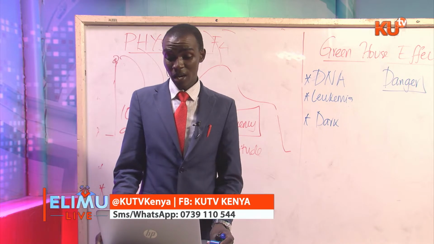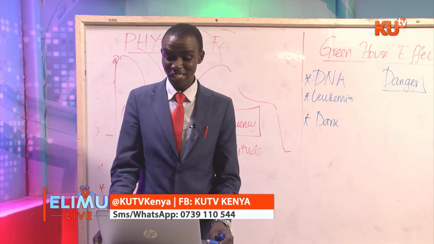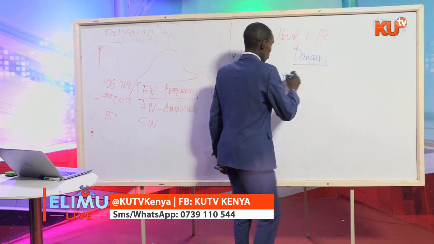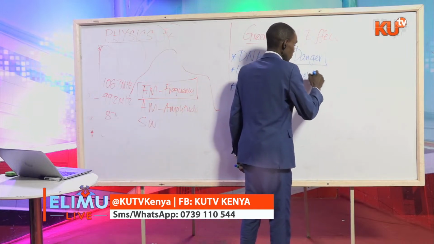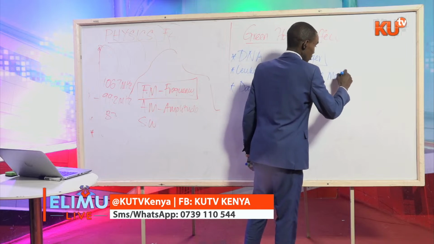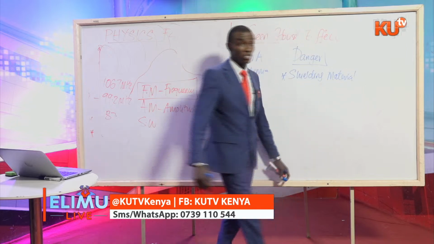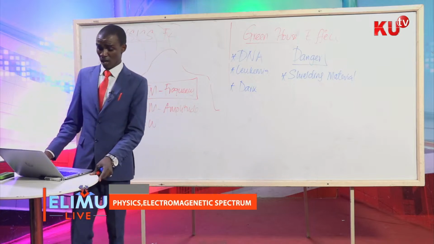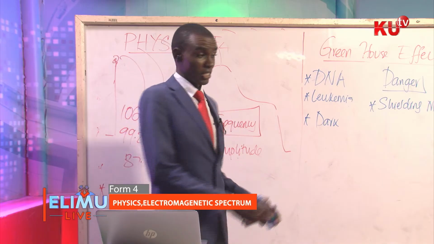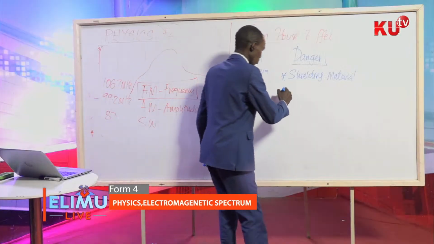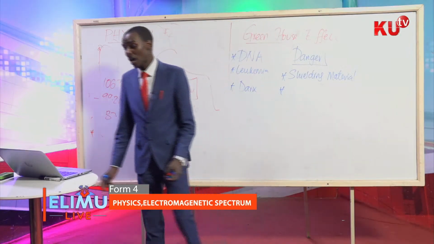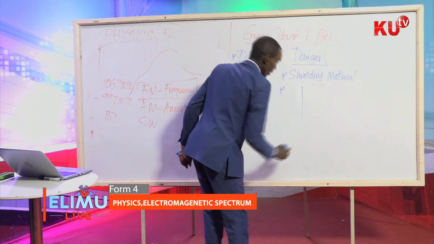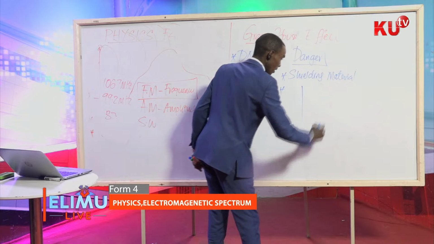And number 3, you can minimize exposure by using shielding materials such as lead jackets. So you find that those individuals who are, let's say, running a nuclear power plant, are wearing lead jackets. As we shall see later, some of the radiations can penetrate, let's say, one leaf of paper.